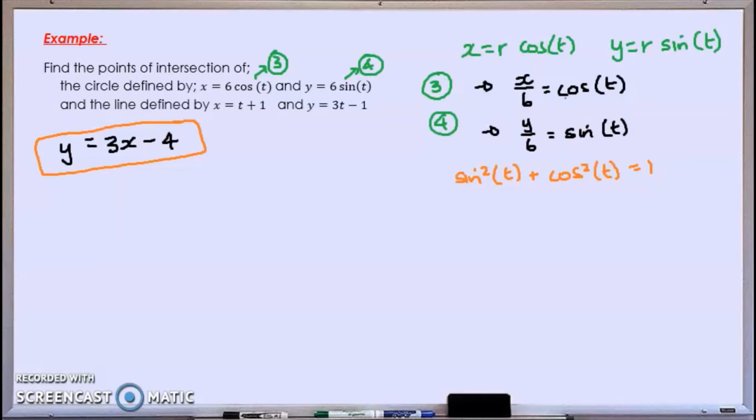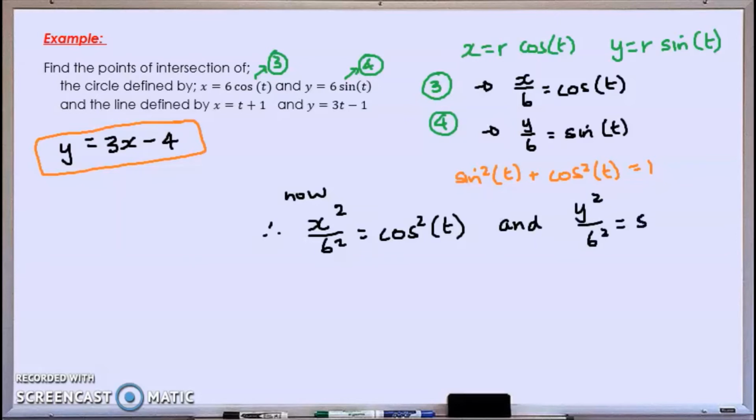So the third equation, equation number 3, becomes x squared over 6 squared equals cos squared t. And the other equation becomes y squared over 6 squared equals sin squared t.